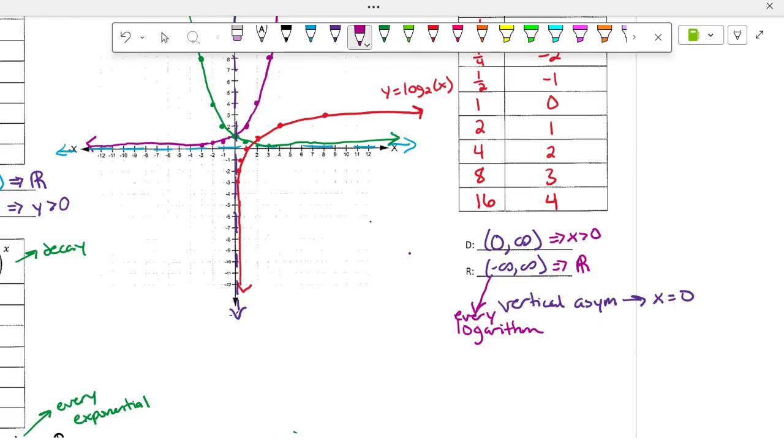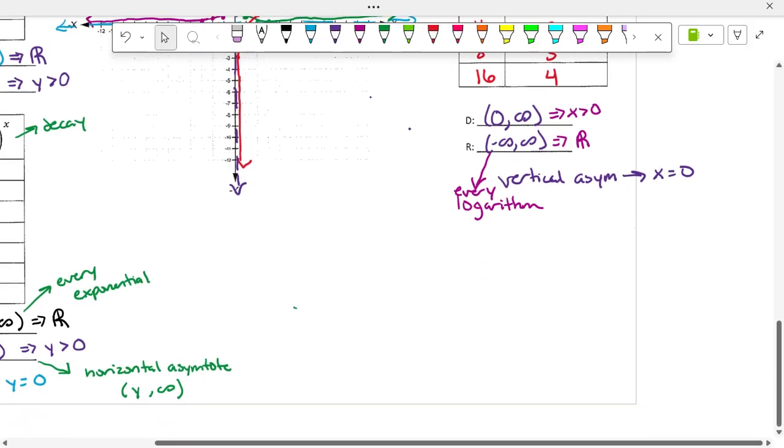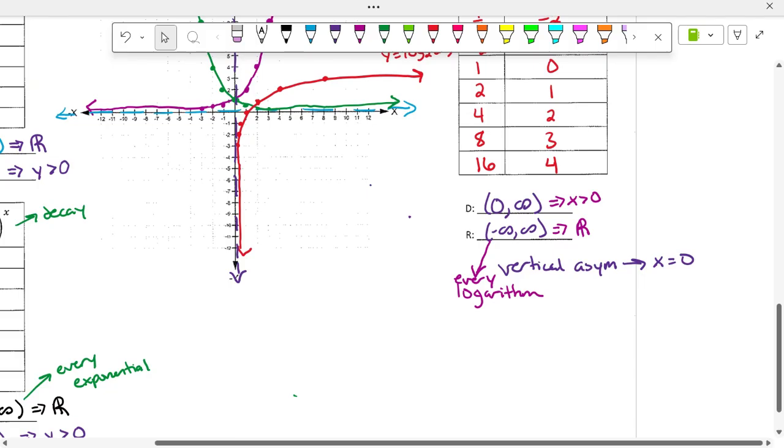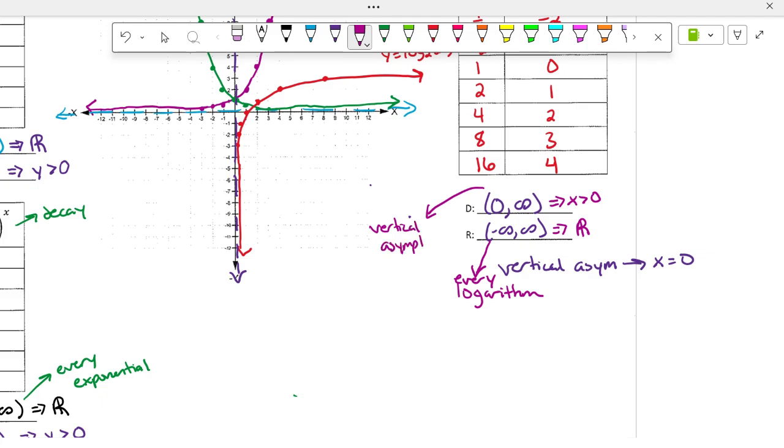It's always going to be all real numbers. The domain is based off of the vertical asymptote. So if you have x equals some number, your domain will be some number to infinity.